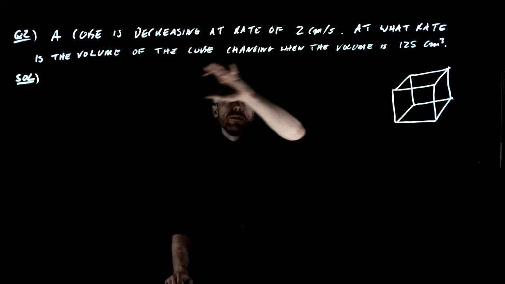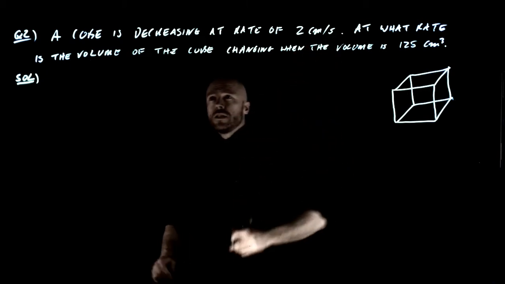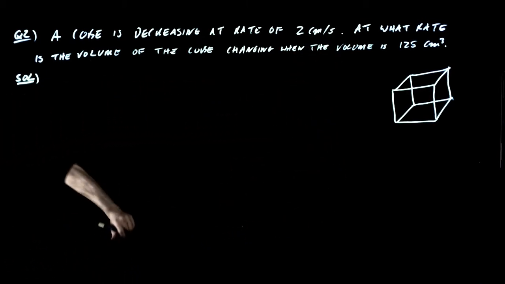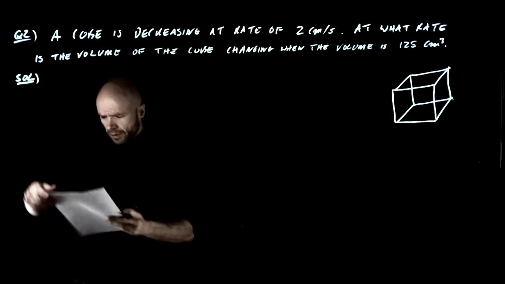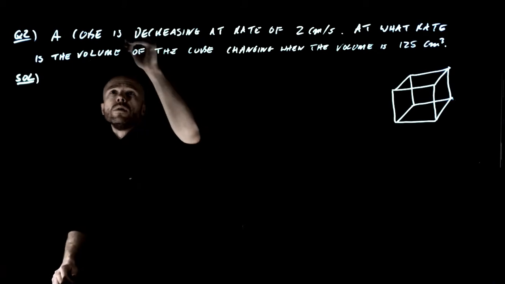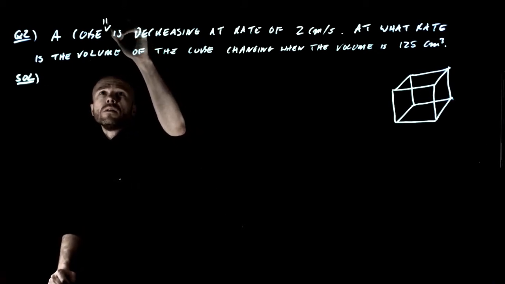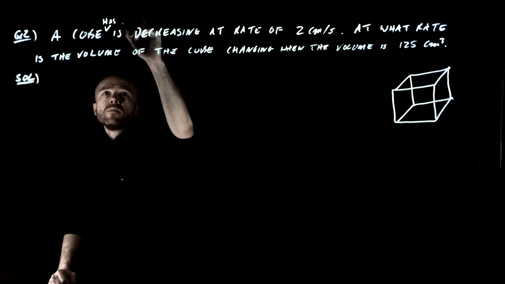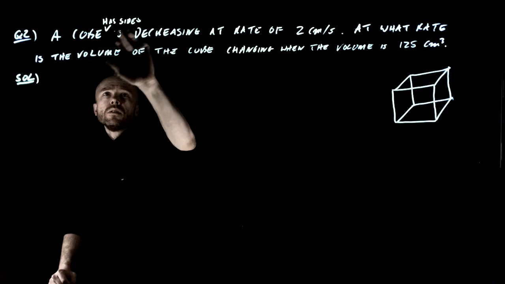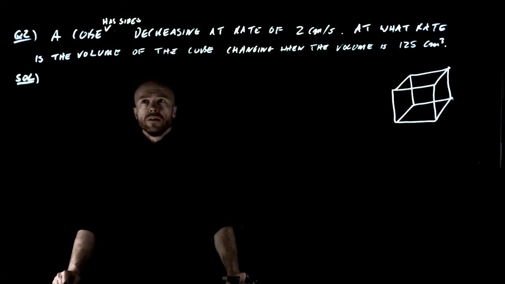And what we have is a cube decreasing at a rate of, well, this actually makes no sense. I think it should be the cube's side length should be decreasing. So each side of the cube has sides decreasing at a rate of 2 centimeters per second.